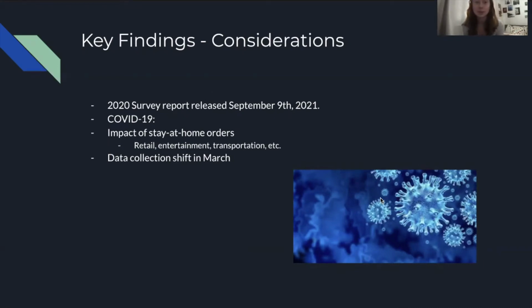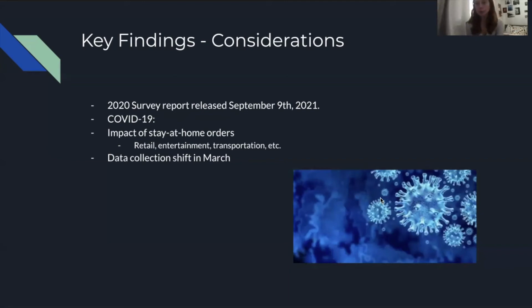So it's very recent data, but this isn't a normal survey because in 2020, a lot of abnormal things happened. I think it's important to consider that there are many impacts of stay-at-home orders. People weren't going out and shopping or going to movies or other entertainment options, as well as transportation. A lot of people who used public transportation to get to jobs, or just decided they didn't need cars in general.